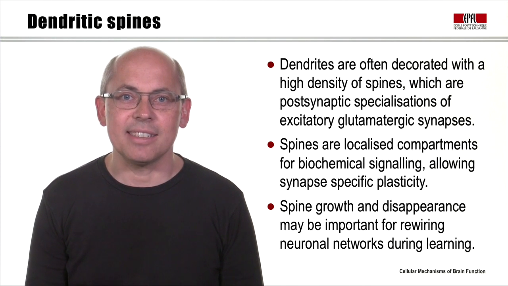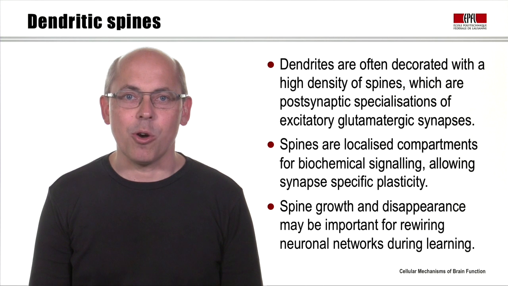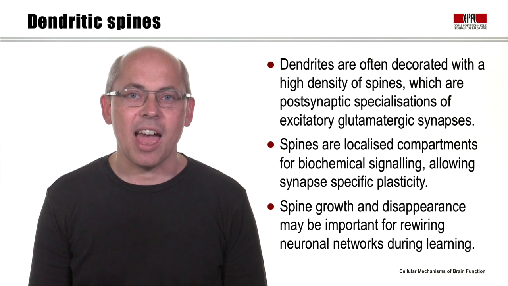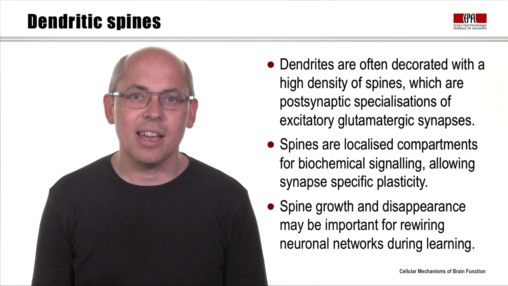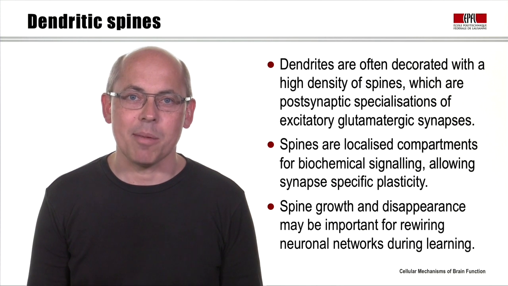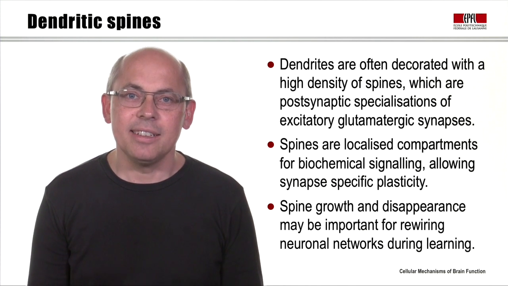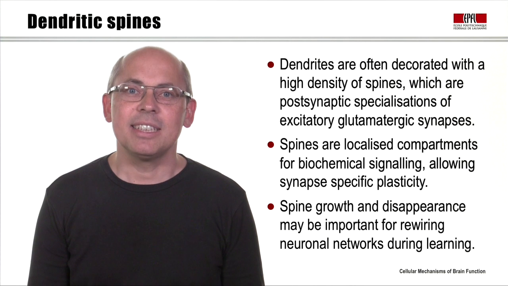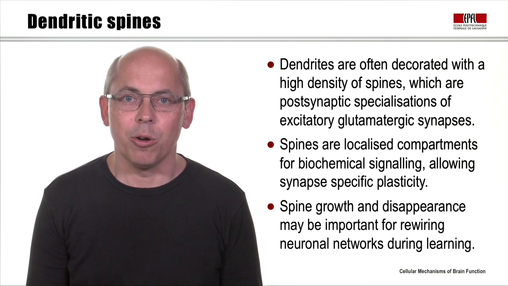So we've seen that dendrites of many cells in the mammalian brain are decorated with spines at a very high density. These spines grow 1, maybe 2 micrometers out from the parent dendrite, and they form specializations where glutamatergic synapses are made. The spines likely have several important functional roles.